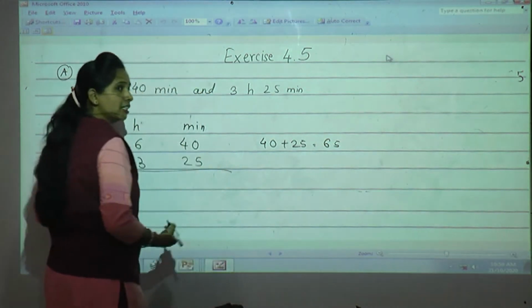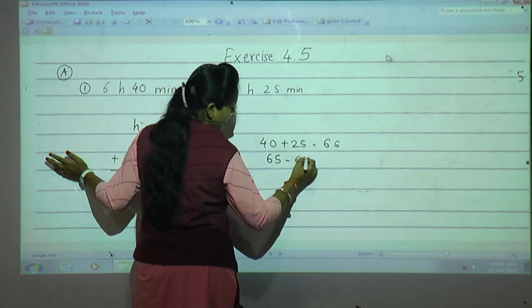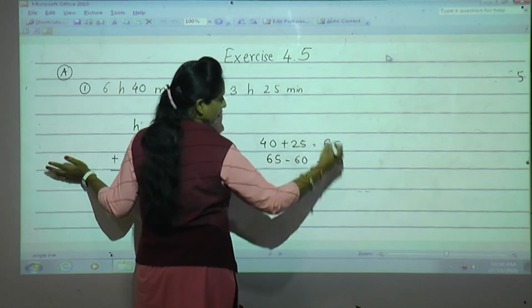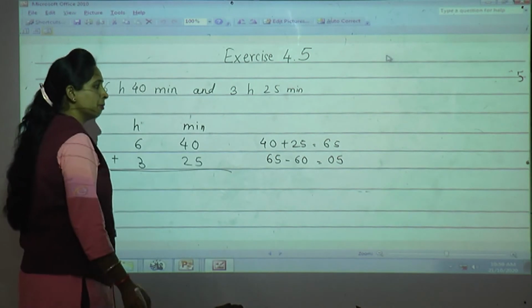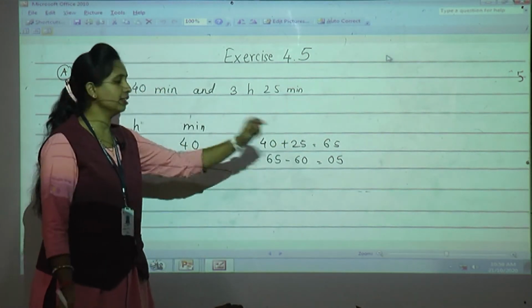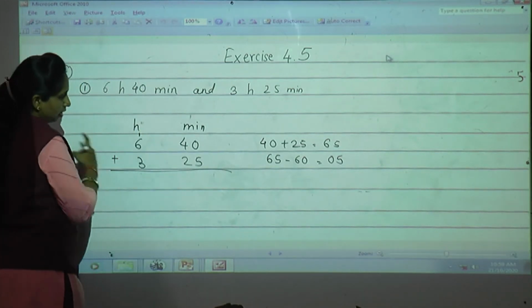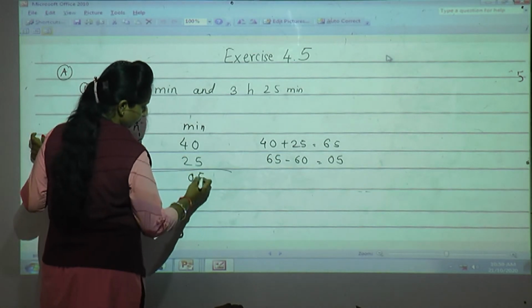Now 65, it is more than 60. So what do we have to do? 65 minus 60, so here we have 5. Okay, it means in 65 minutes we have 1 hour and 5 minutes. So we have to carry 1 hour here and write 5 here.